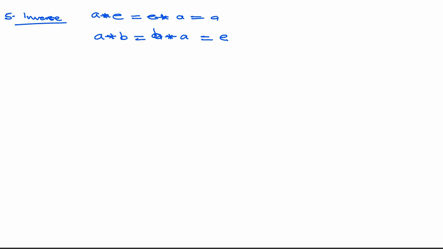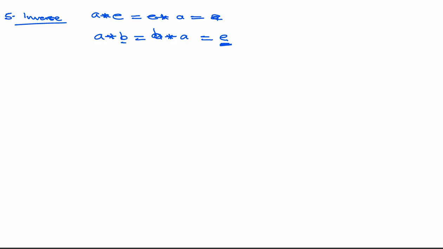I don't want somebody to get confused here. What we are doing is simple. Here we have E instead. When you say A star B or B star A, and this is giving us an identity element, that number which has no impact, it is not changing anything.